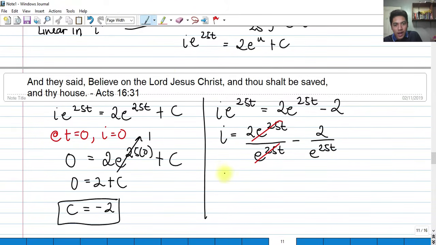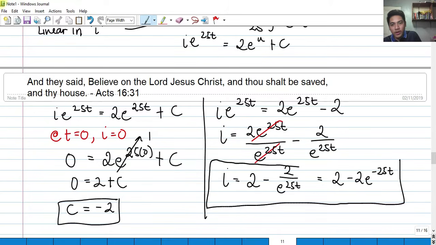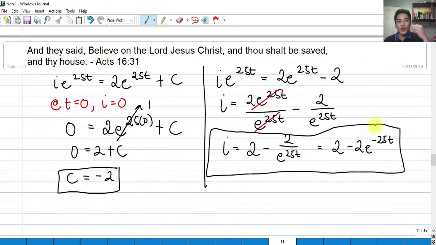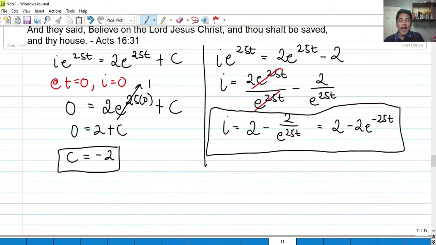So we now have the formula I as a function of time as 2 minus 2 over e raised to 25t, or by laws of exponents, I can bring this up by negating the exponent: 2 minus 2 e raised to negative 25t. This is our model equation, the equation of current as a function of time. That is our answer.